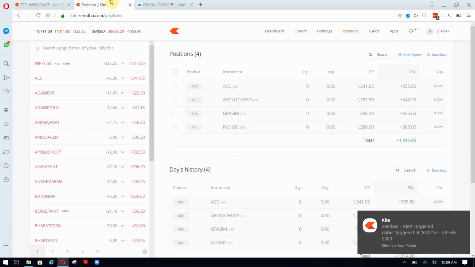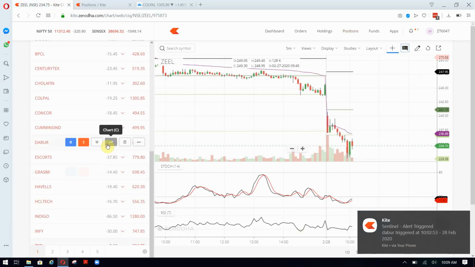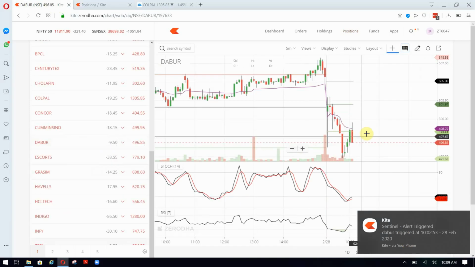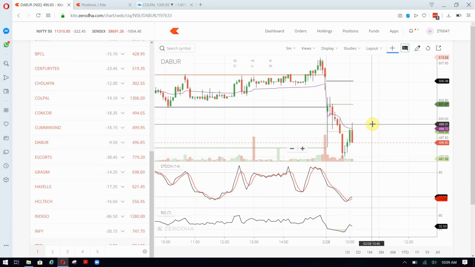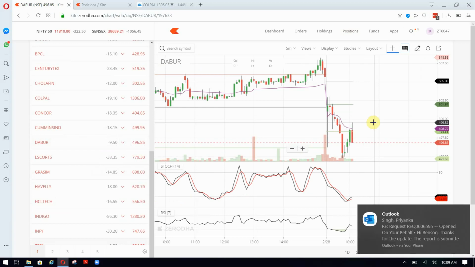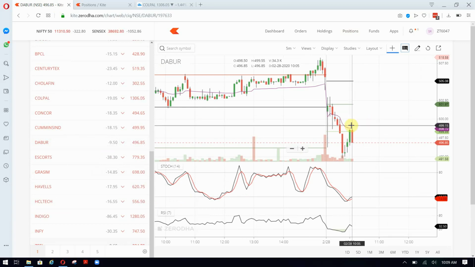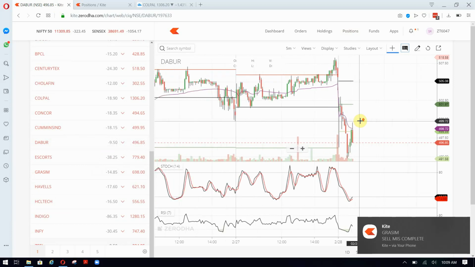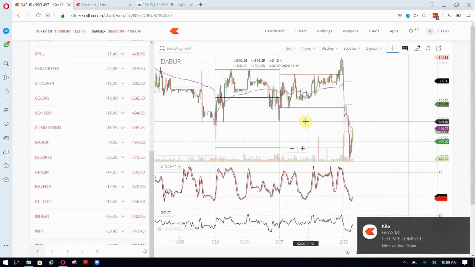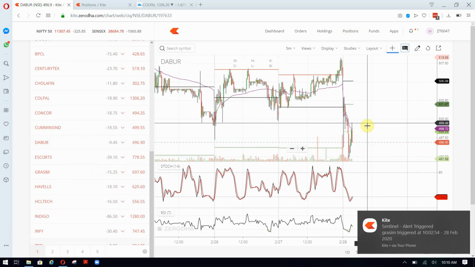We have got one more trigger in Dabur. Let me see what Dabur says. It looks like I missed the alert earlier. See, Dabur has come up to the previous testing area and has started reversing.